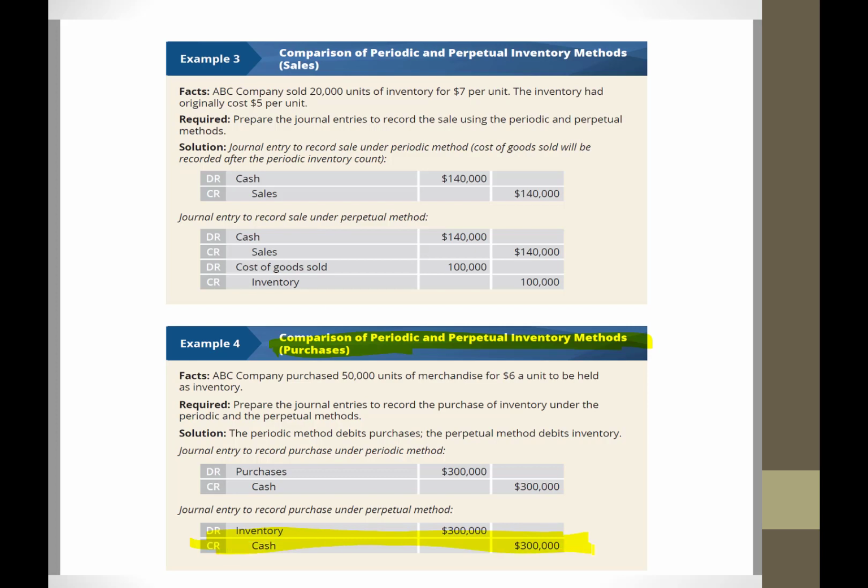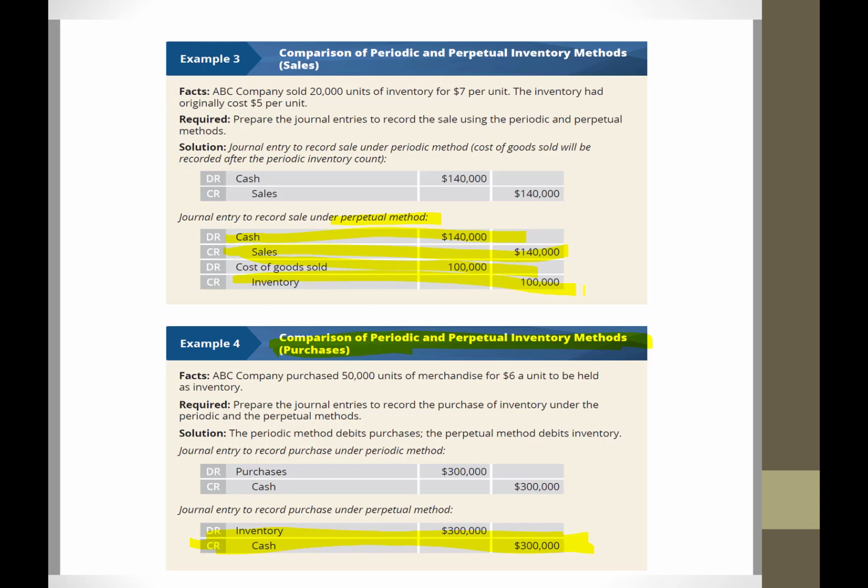If you're using perpetual, you would debit inventory, credit cash or accounts payable, whatever, when you acquire the inventory. And then when you sell it, of course, you're going to sell it for more than its cost, so you would debit cash, credit sales, debit cost of goods sold, credit inventory at its cost. Very simple, perpetual method.